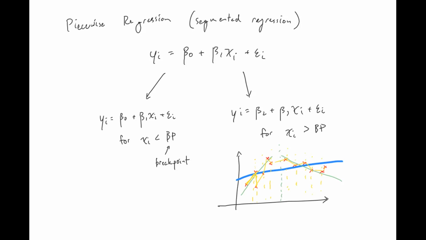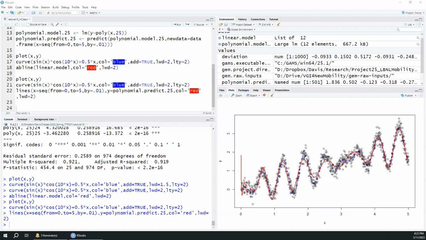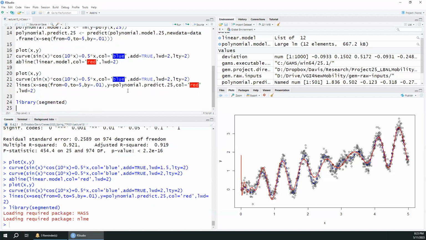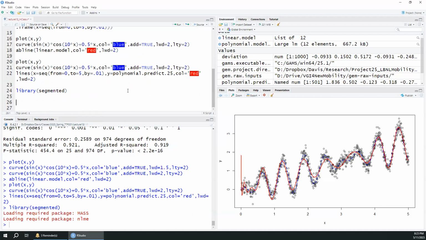So jumping back over to RStudio. Here, we're going to need a package called segmented. And we're going to create a piecewise model using the function segmented.